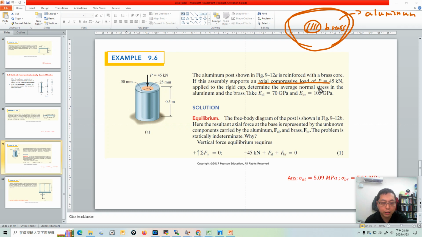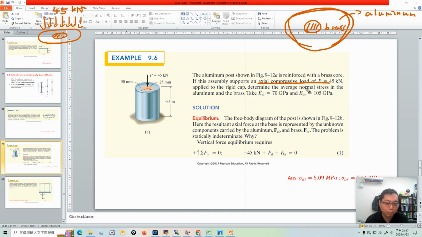The problem says we apply an axial compressive load of 45 kilonewtons pressing down on this bar, but I think this picture is somewhat misleading. Actually, it should look like this: you apply an average load, so overall it is 45 kilonewtons. In this picture you might think you only apply the external load on the core.